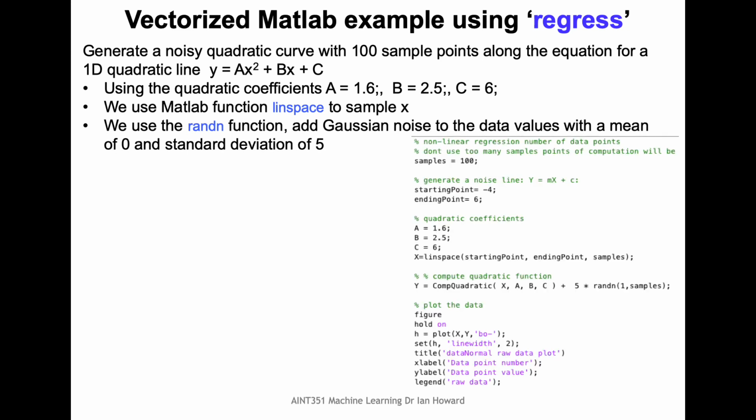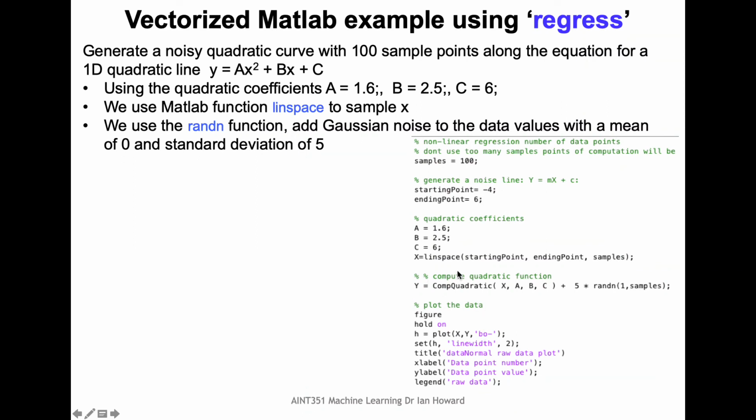So let me very quickly show you what I'm doing there, just to give you an idea. I'm just saying we've got 100 samples. The x values are going to have a starting and ending point of -4 to 6. I'm putting in my coefficients here as well. I'm just generating a set of x values between the starting and ending points, and in fact I want 100 of them.